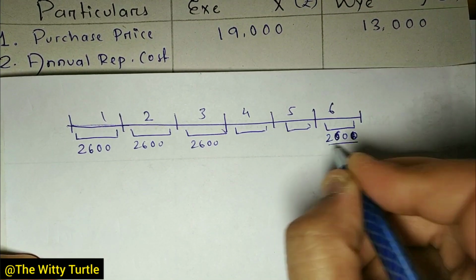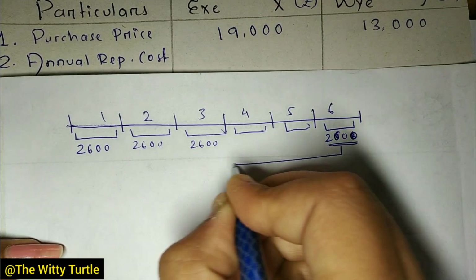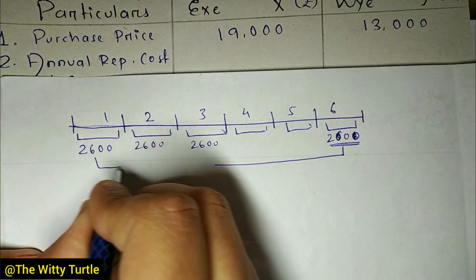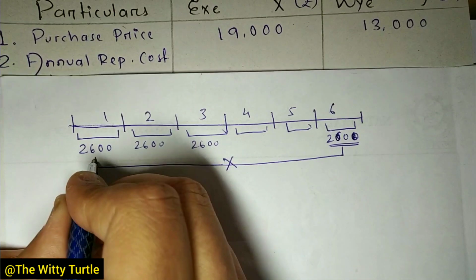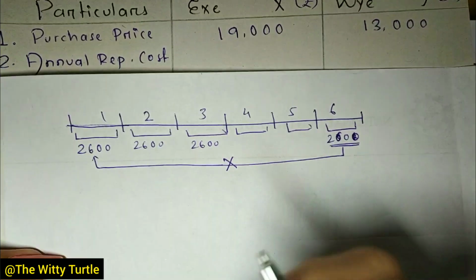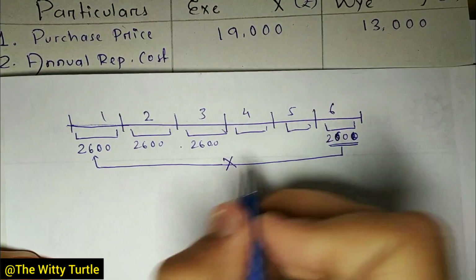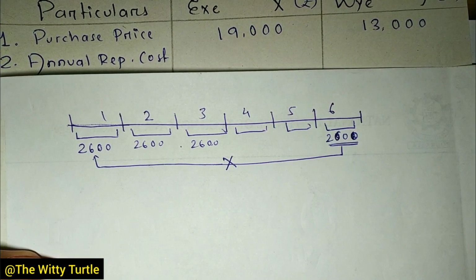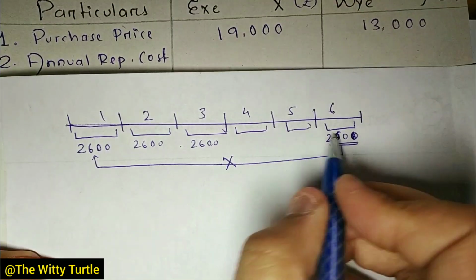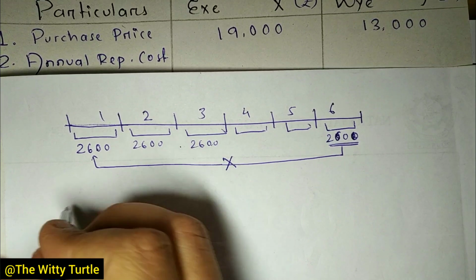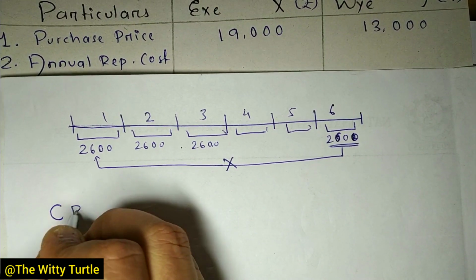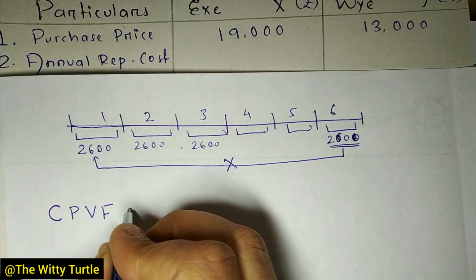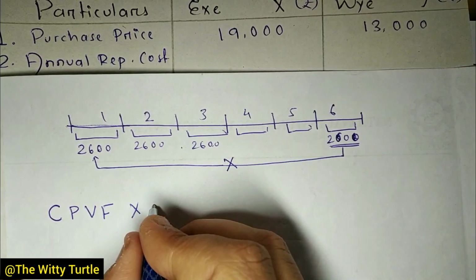This amount of 2600, the value of this 2600 is not equal to the value of 2600 in the first year, right? So for all these numbers we have to calculate the present value. So what will that be? Cumulative present value factor multiplied by this particular amount.